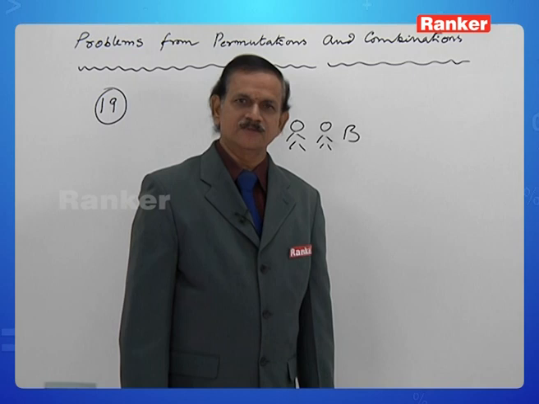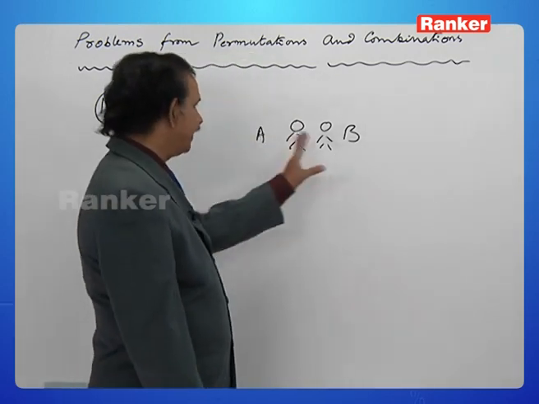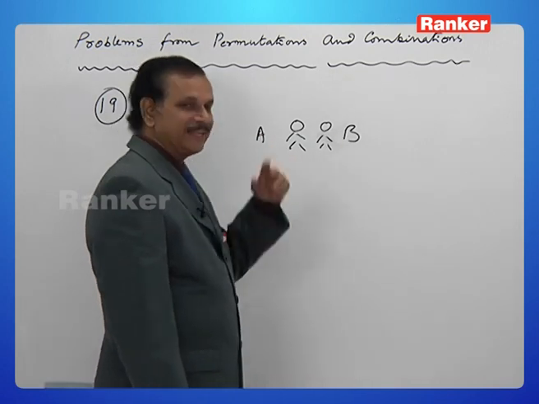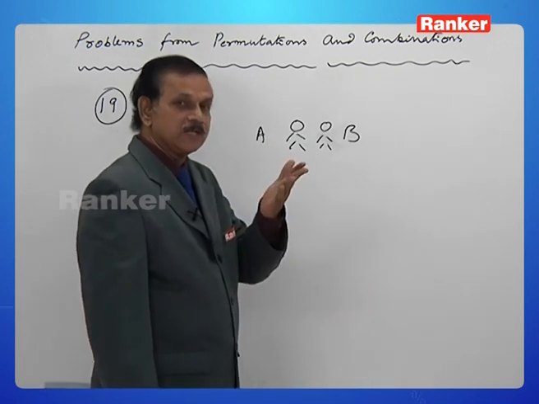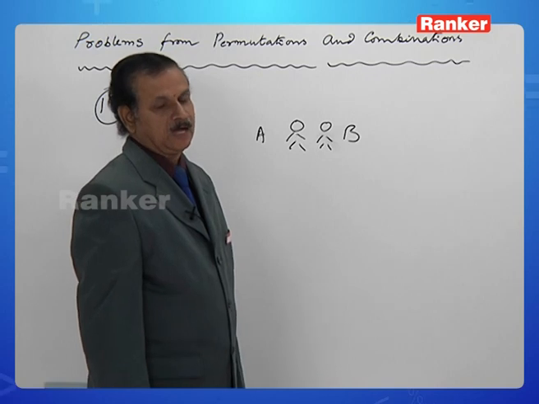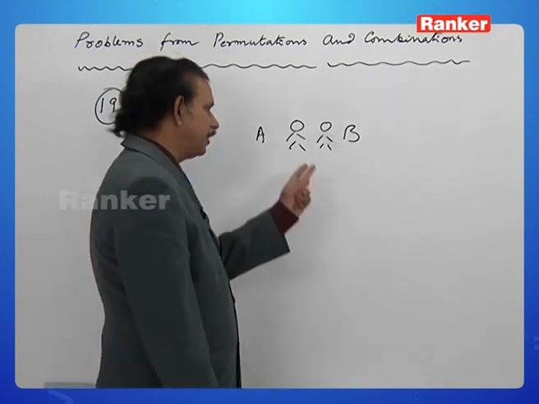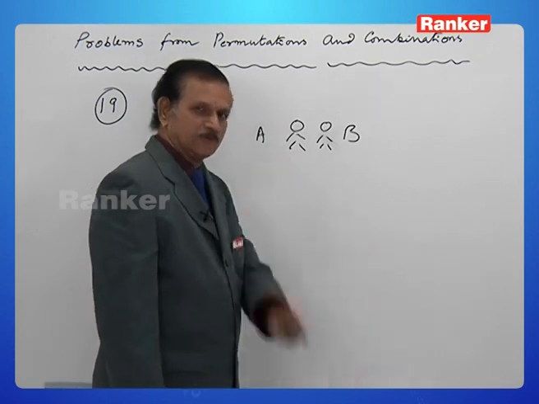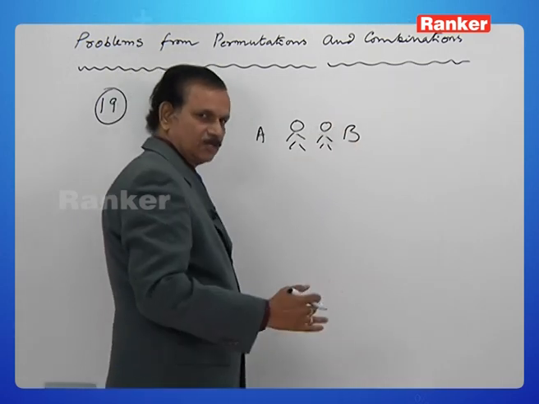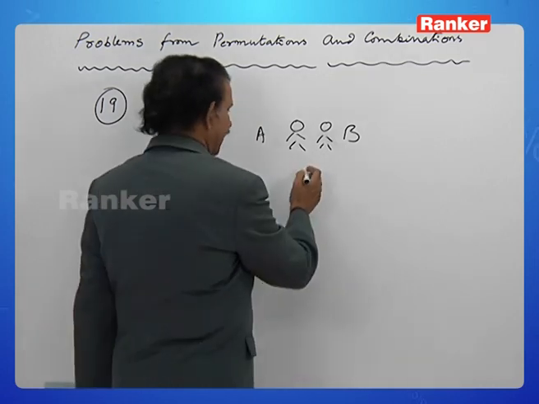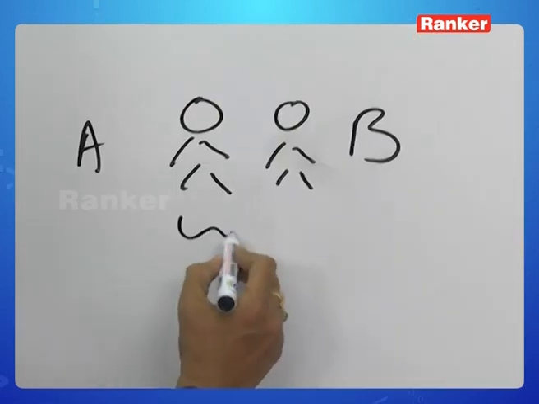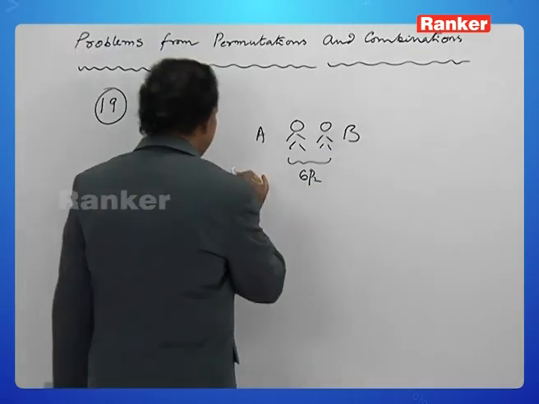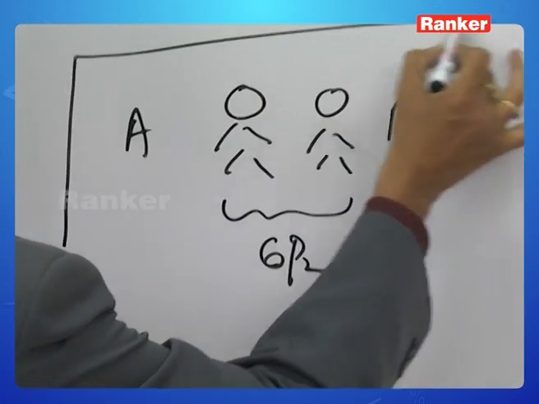Out of those 8, A and B are already there, particular persons. Excluding A and B, how many persons are remained? 6 persons are remained. Out of those 6 persons, how many persons are supposed to stay here? 2 persons. Out of 6, you can arrange 2 between A and B in how many ways? 6P2 ways. Now you consider this as a block.